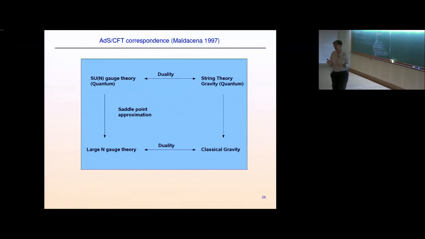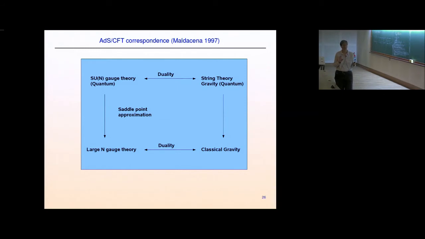Sometimes when I give these kinds of talks, people also ask me, how can you map something classical to something quantum? Well, that only happens in this limit, which I'm explaining. At the original level, this is actually a duality between two quantum theories. So this is a very beautiful conjecture.